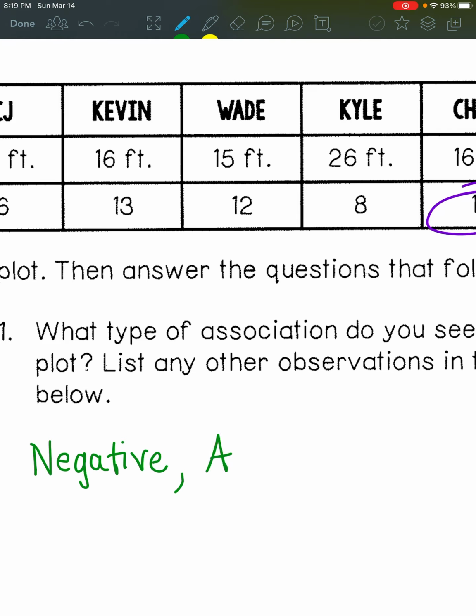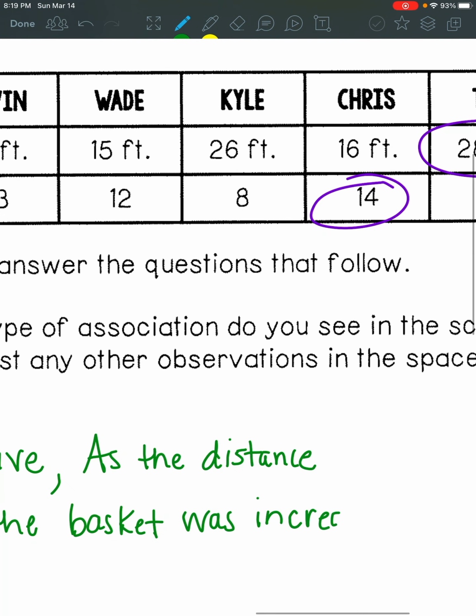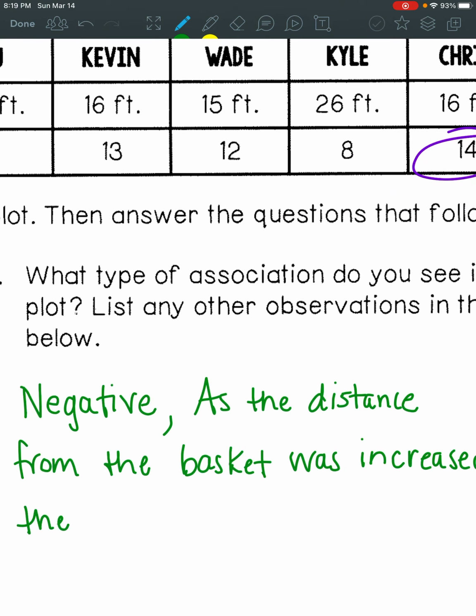We're going to list some observations here: as the distance from the basket was increased, the number of baskets made decreased.